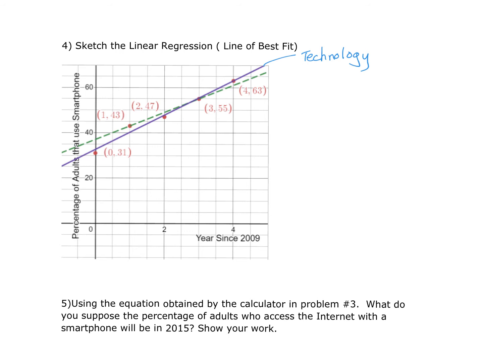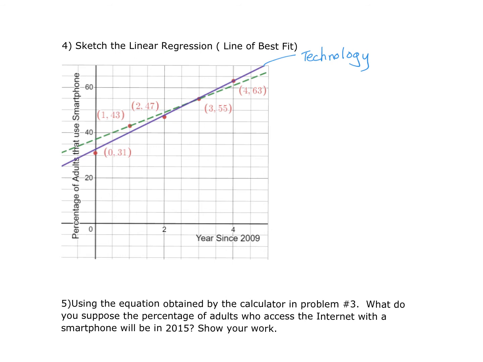They are both approximations of a line that represents this data. The difference is that when we calculated, we only used 2 ordered pairs, and when we used technology, all of the ordered pairs were taken into account.